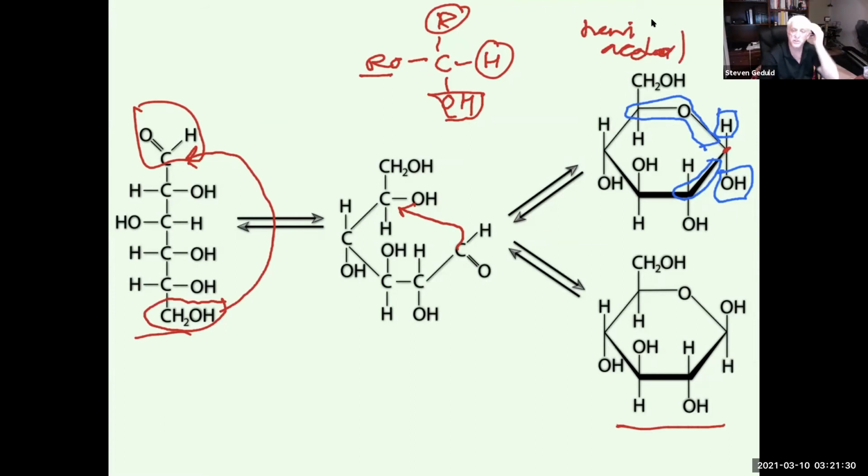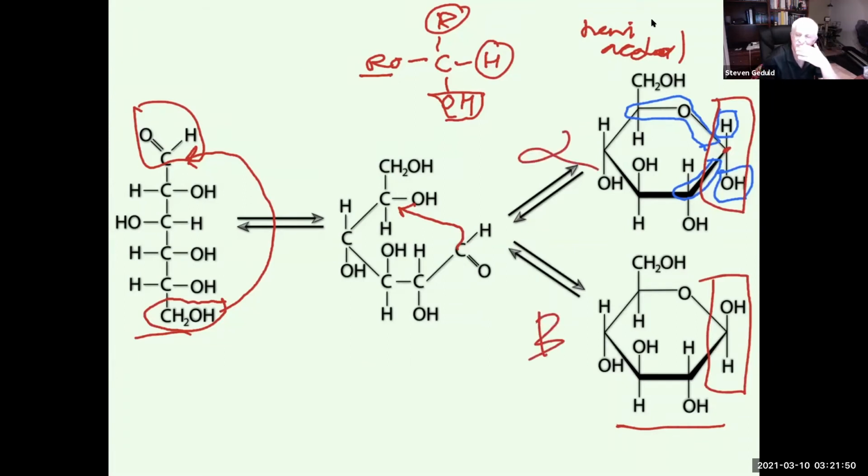It just looks different because it's in a ring structure. And you notice the only difference between the two forms is this one here, the H is on top and OH is down. This one here, the OH is up, the H is down. This is beta, and that's alpha.